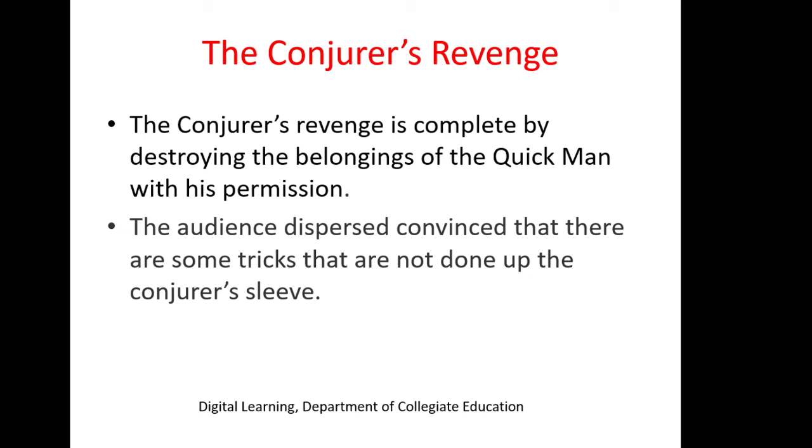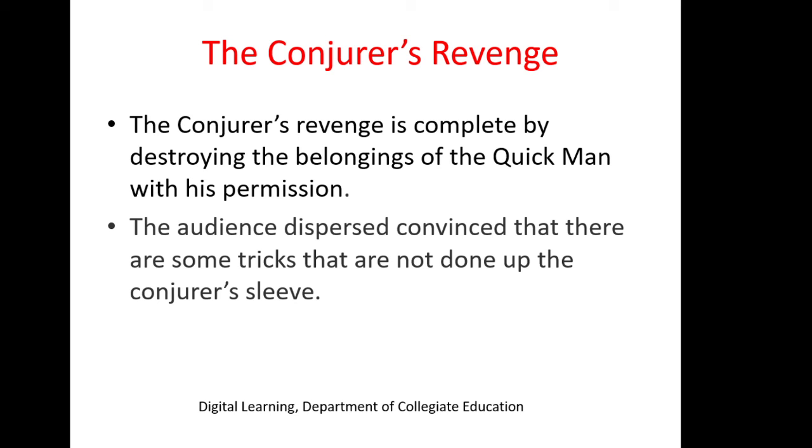The conjurer then concludes the show by saying that he has destroyed the belongings of the quick man by seeking his permission. The conjurer's revenge is complete in a humorous way.